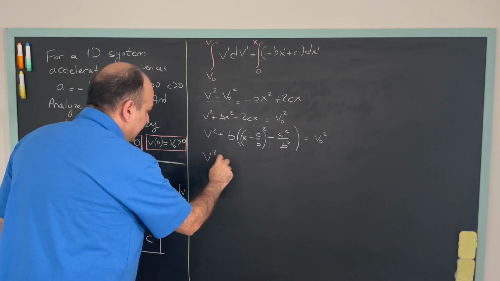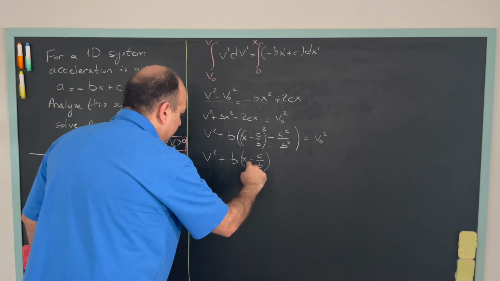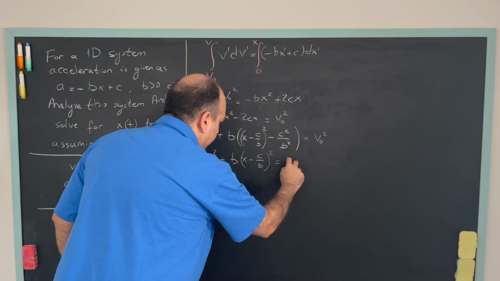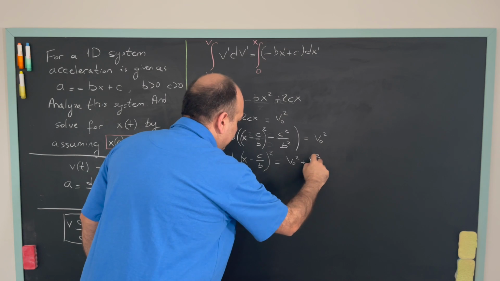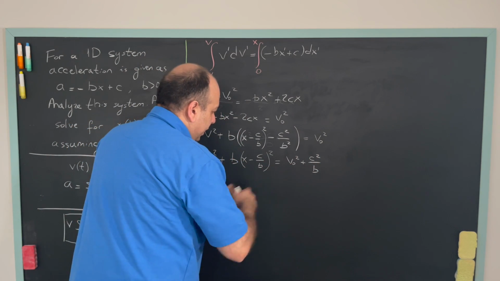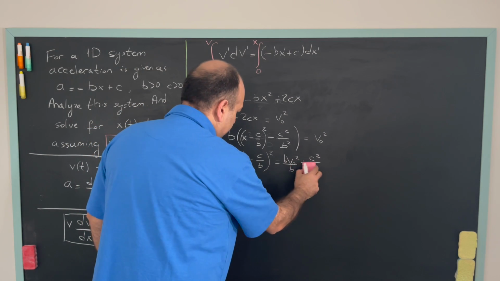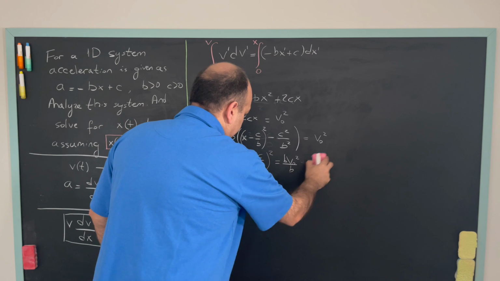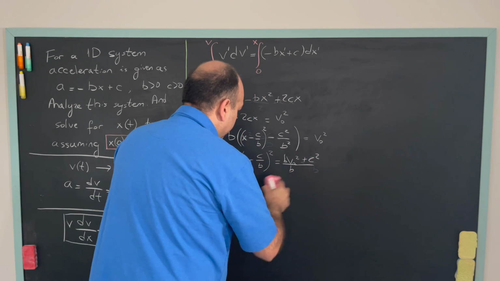So v square plus b times (x minus c over b) squared is simply equal to v naught square, then plus I will have c square over b. At this point I can equate the denominators here. So this is b over b, right? So this is nothing but b v naught square plus c square over b.